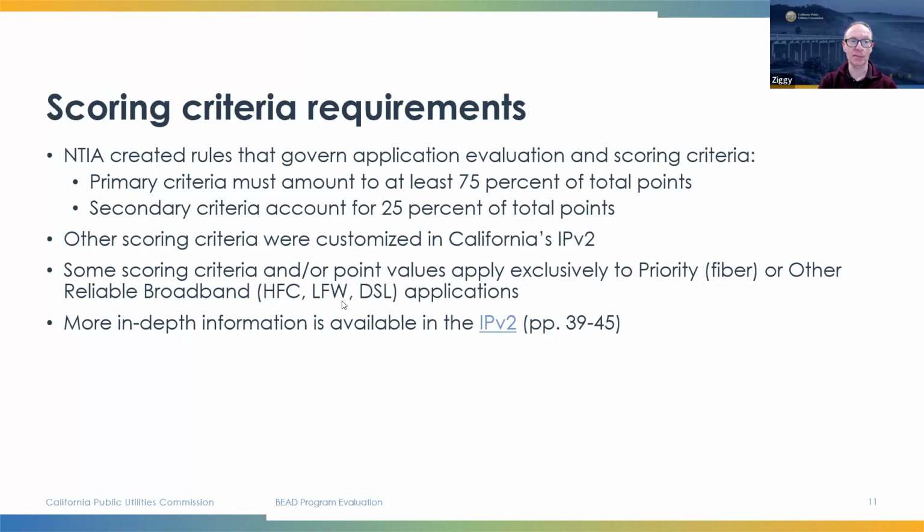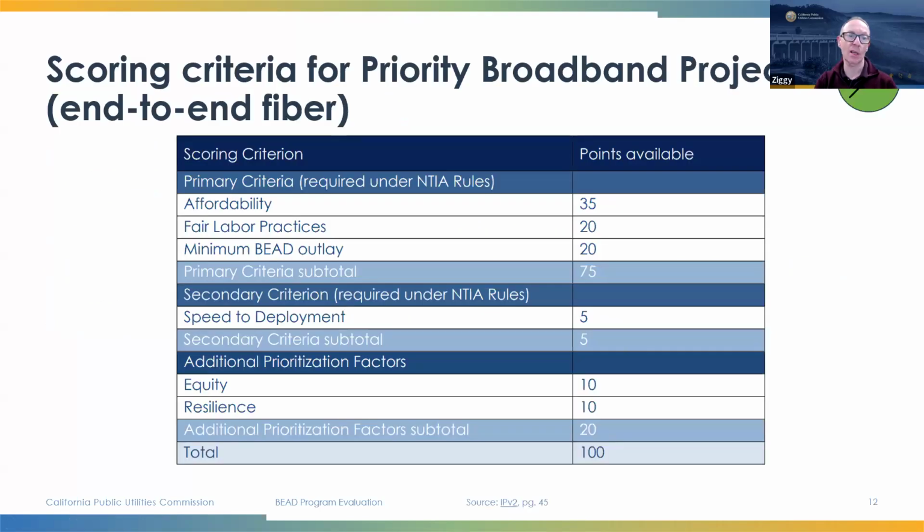Next slide. So here's the priority broadband project evaluation criteria. This is for fiber. Affordability makes up the bulk of the points, and I'll go over what all these mean in a few minutes. But this is just to get you a sense of how this is laid out. So affordability is the highest, followed by fair labor practices and the BEAD outlay, meaning the request for funding.